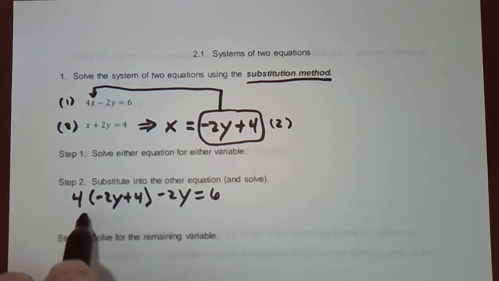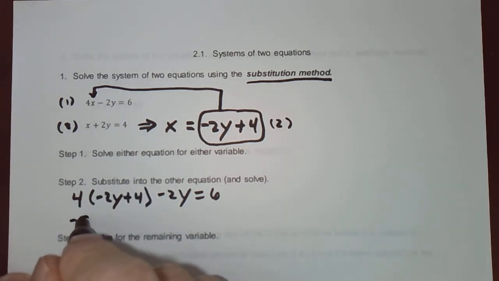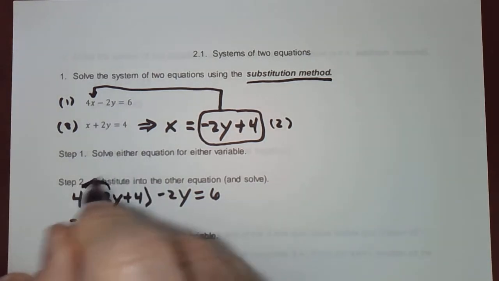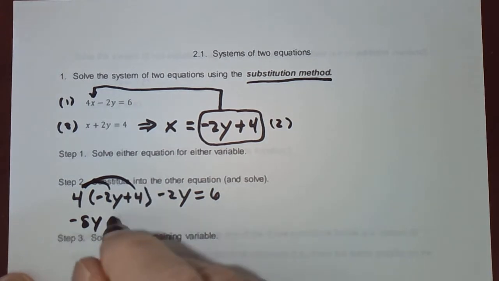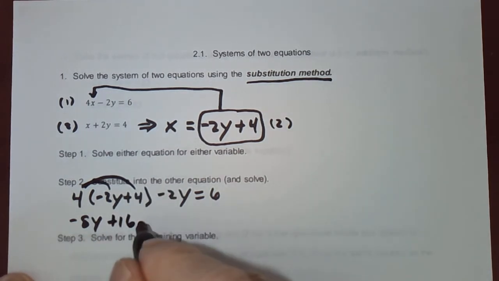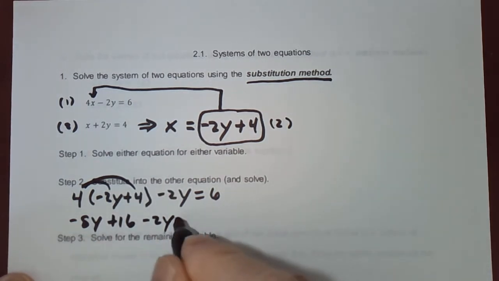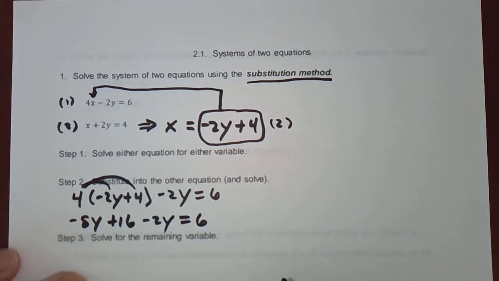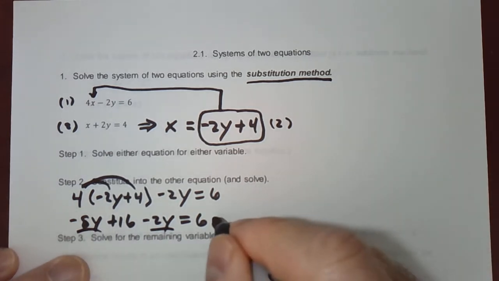So if I distribute, I'm going to get negative 8y plus 16 minus 2y equals 6. And now let's combine like terms, negative 8y and negative 2y.